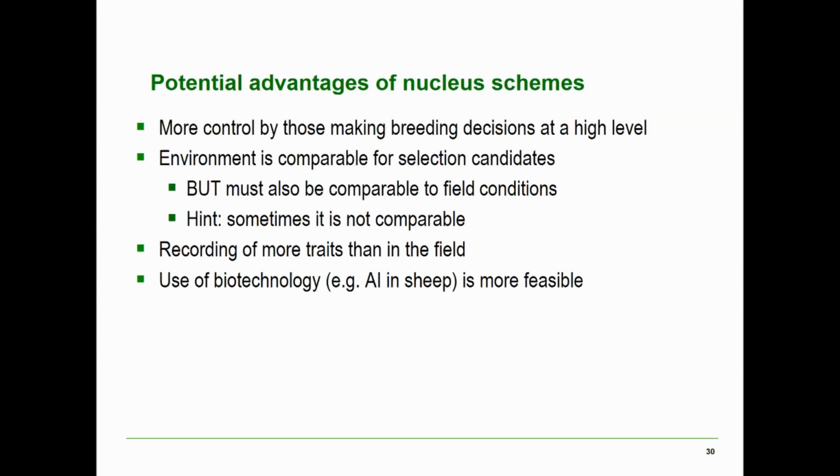But since we have all the animals in one place, it's not a big problem to set up these measurement capacities. And also biotechnologies are easier to use, again, because the animals are all in one place, and we can just do the insemination or the embryo transfer or the estrus synchronization, all these without huge logistical or organizational challenges.